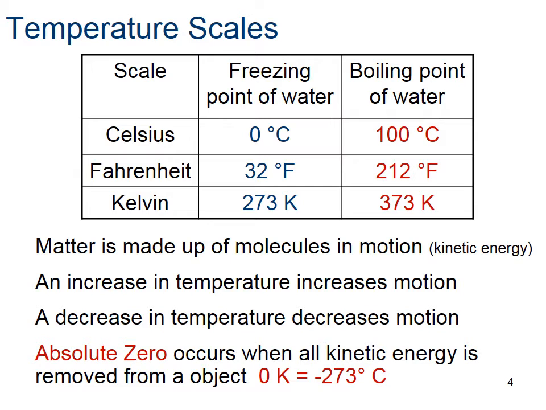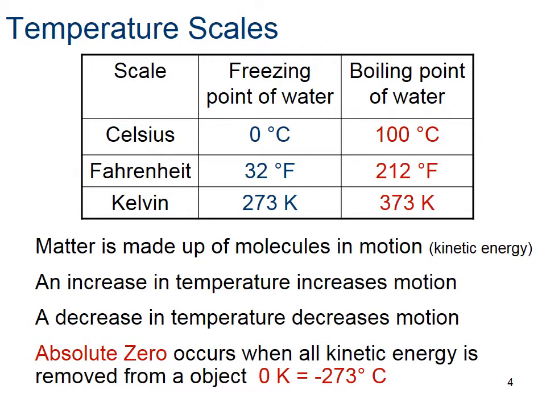An important thing to remember is that each degree increment in Celsius is equal to 1 degree increment in Kelvin as well. Also remember that an increase in temperature increases the kinetic energy or the motion. The opposite is true for a decrease in temperature.